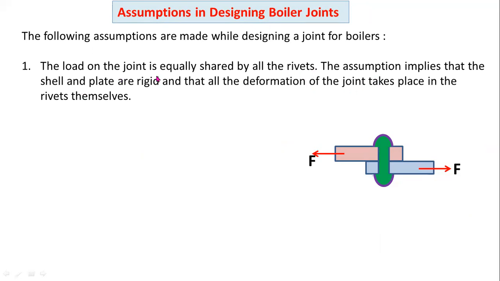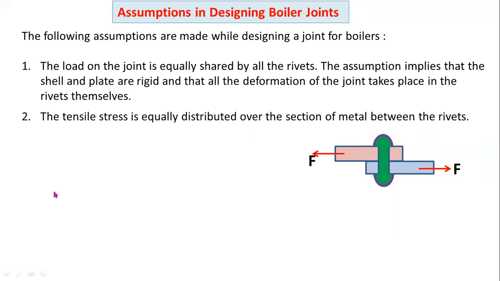This assumption implies that the shell and plate are rigid and that all the deformation of the joint takes place in the rivets themselves.